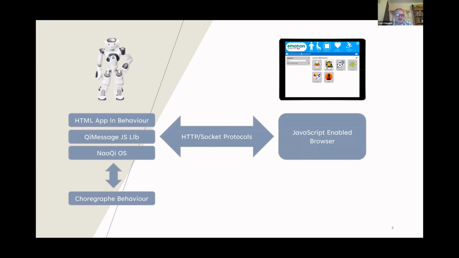If you want to develop an HTML application layer over the top of that, you will use something called QiMessaging. QiMessaging has been wrapped in a JavaScript library, and that is what communicates between the interactions on your application and what actually happens on your robot. And that would all be via a JavaScript enabled browser.